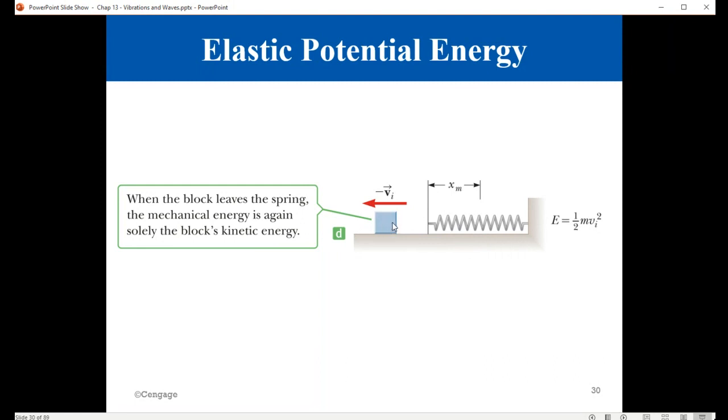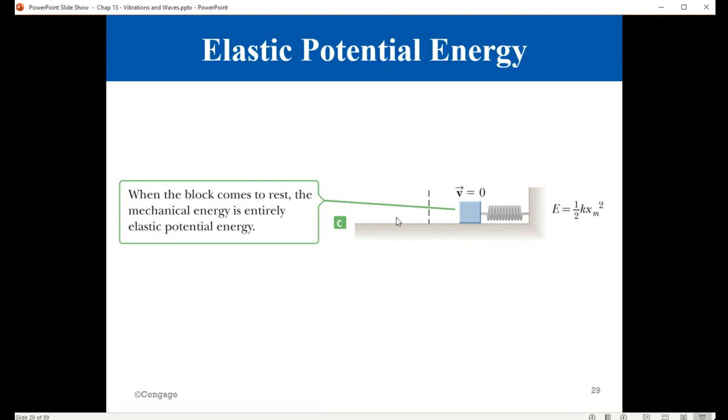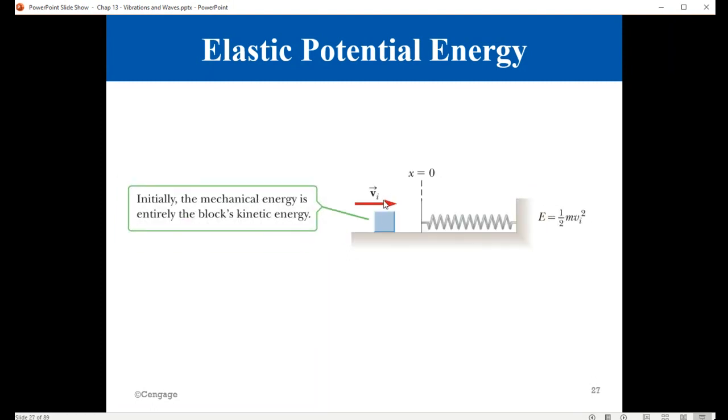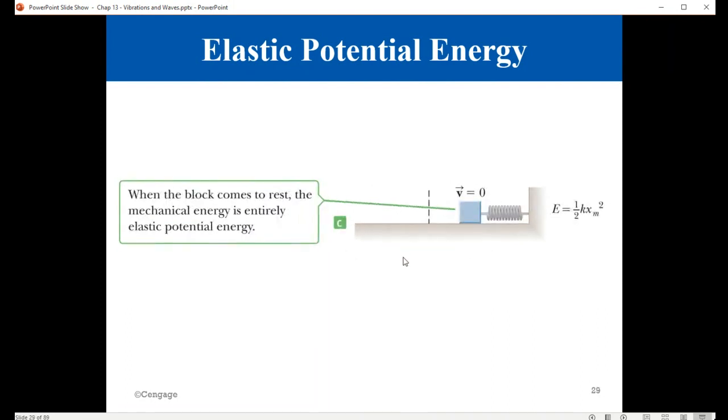When the mass is not in contact with the spring, it is moving freely from the spring, then from the conservation of energy, we expect the velocity to be the same as the original velocity that we started with, because it's the same mass, it's the same kinetic energy. Okay?